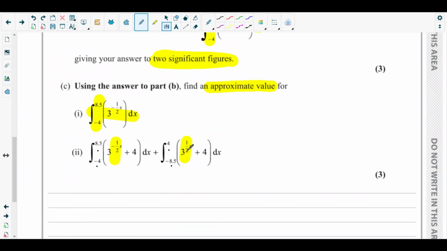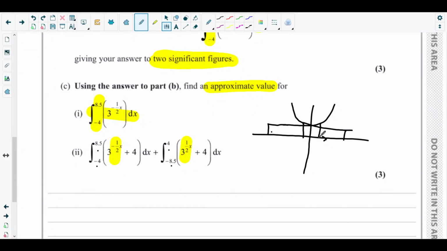What do I mean by balanced out? This is from negative 4 to 8.5 and this is from negative 8.5 to 4. At the same time the power was inverse in the previous one, so you can consider the change like this. It was 3 to the power of negative half x, but now it's like this. Earlier the area was from 8.5 to negative 4, but now it's from 8.5 to positive 4.